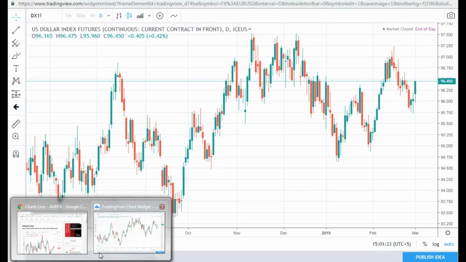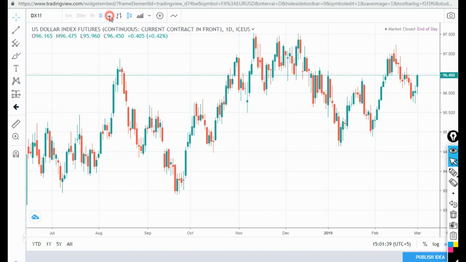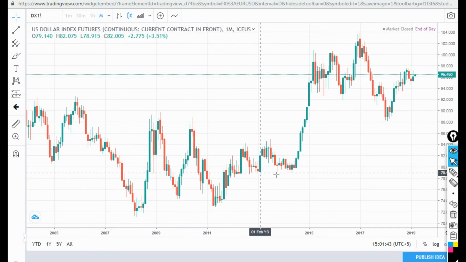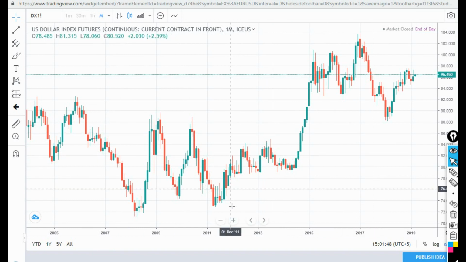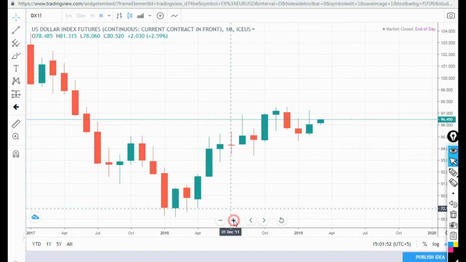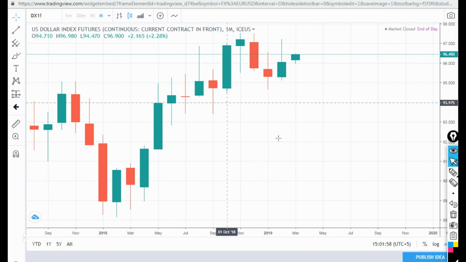We have a chart here, and in this chart let's go to the monthly. Why monthly? I need the previous candle's closing point, I need the closing number. So I'm zooming in to find the pure number of the close, because we are on the monthly chart.